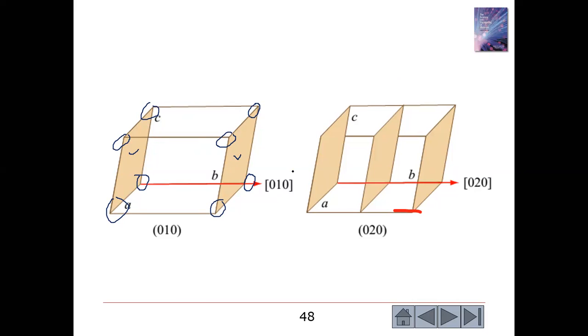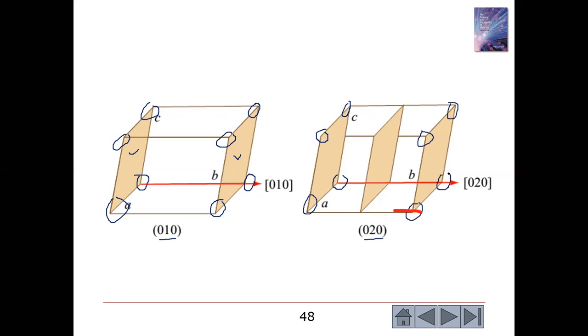So they are equivalent. But remember that a plane and its multiple are not equivalent. Why? Because if we take the same example, a simple cube, you will find an atom here, here, here, and here. And the next atoms will be here.